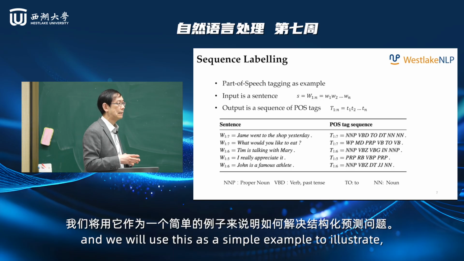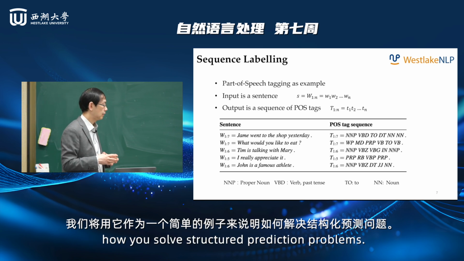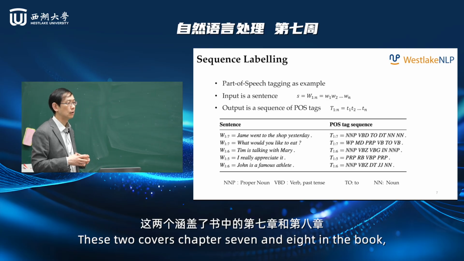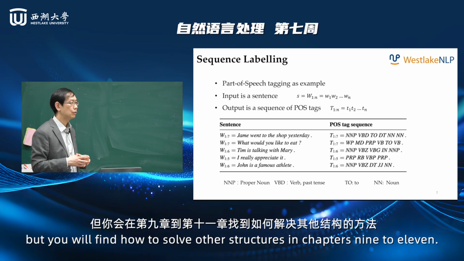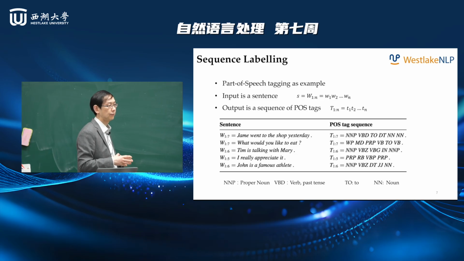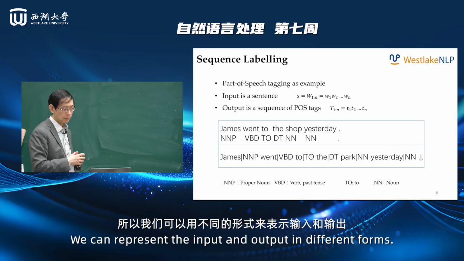And we will use this as a simple example to illustrate how you solve structured prediction problems. So this tool covers chapters 7 and 8 in the book, but you will find how to solve other structures in chapters 9 to 11. Okay. All right, so we can represent the input and output in different forms.